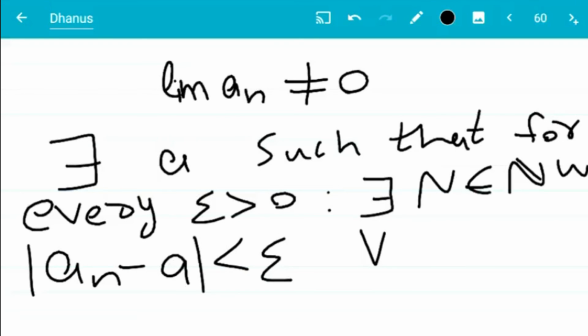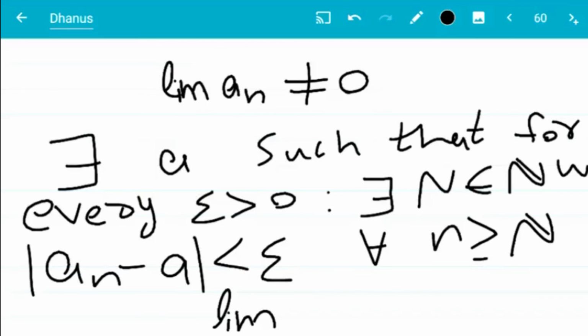This is the definition for the limit of An equal to a. Am I right? Yes, sir. Is it necessary for the limit of An not equal to 0?